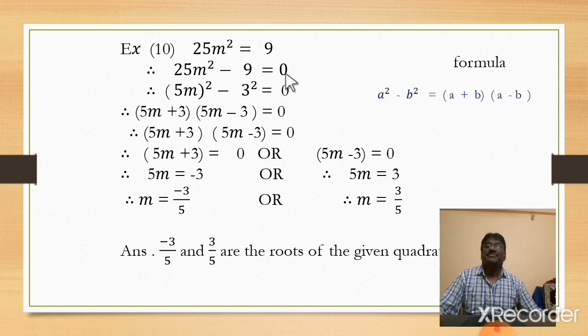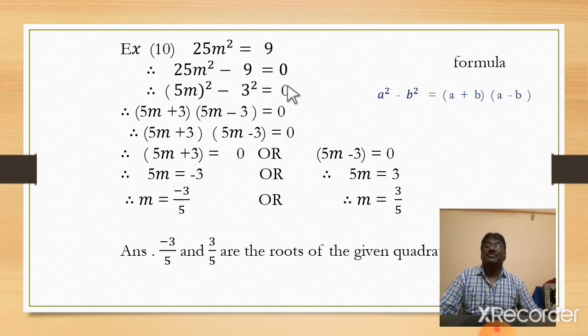See here, the given equation is 25m square is equal to 9. Therefore, we take 9 from right hand side to left hand side, then we get 25m square minus 9 is equal to 0.